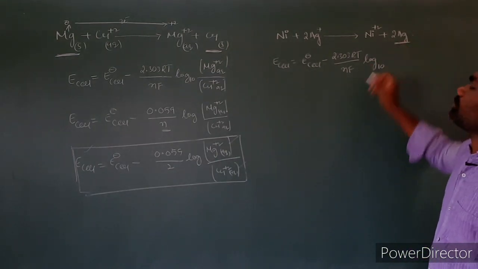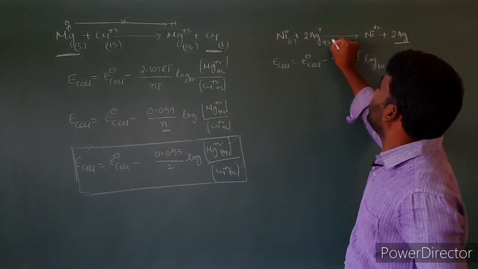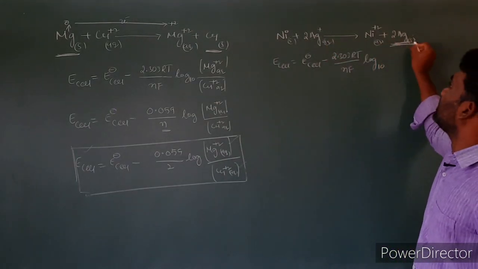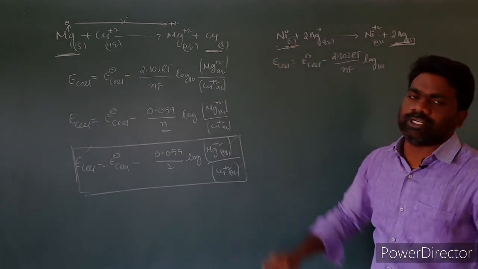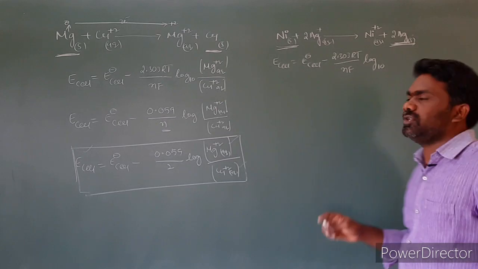Here silver is a solid and nickel is also a solid metal, while the ions are aqueous, so the concentrations of the solids will be taken as unity.